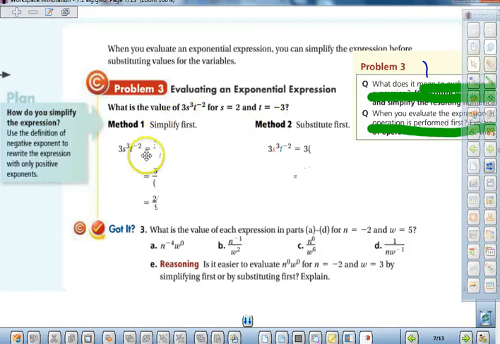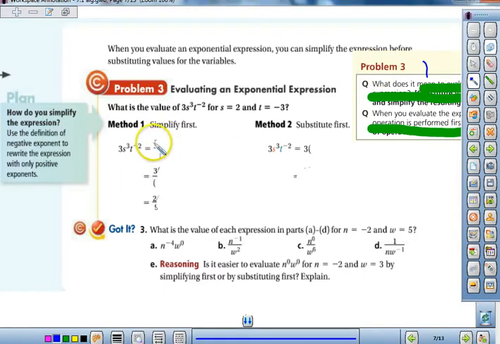evaluate. But if we simplify it first, we're going to rewrite this, and as we rewrite it, we are looking at it as the only thing that's negative is a t. So we're going to have 3 and s to the third power, all divided by t to the second.